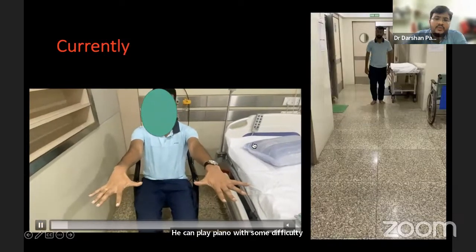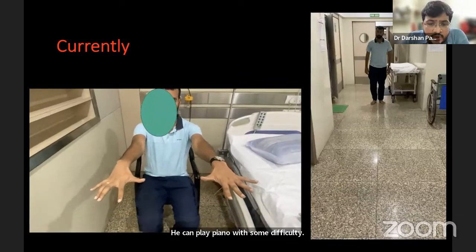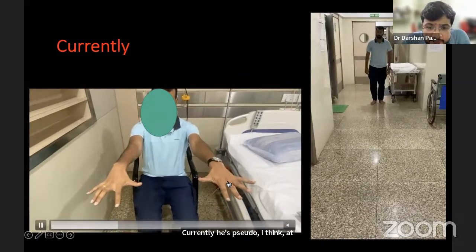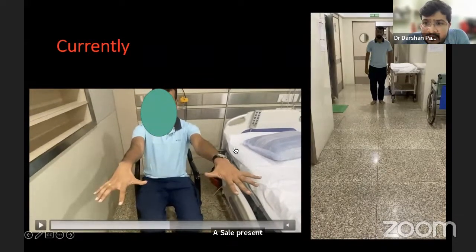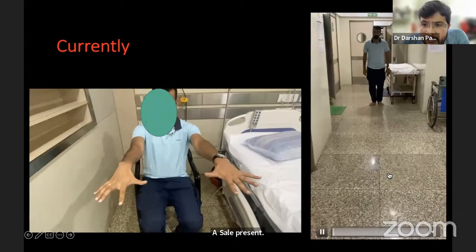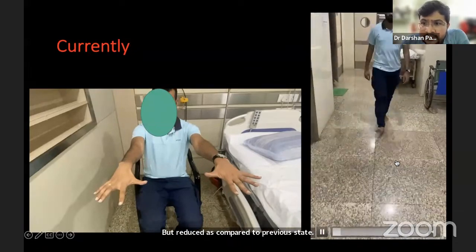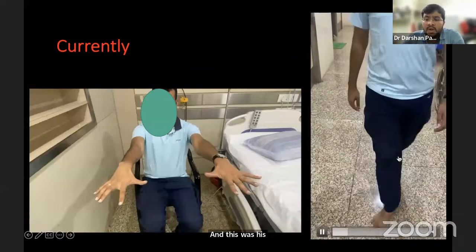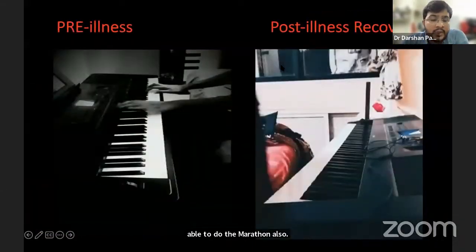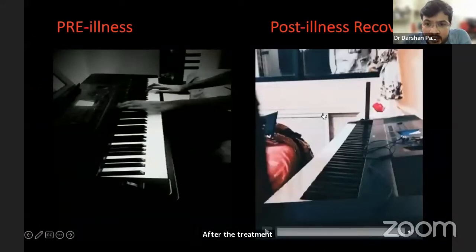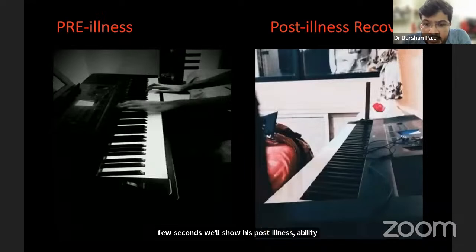Currently, his pseudoathetoid movements are still present, but reduced as compared to the previous state. And this was his gait recently. So quite okay. He was able to do the marathon also after the treatment. He's a piano player. If we have time, I'll show for a few seconds his post-illness ability to play the keyboard.